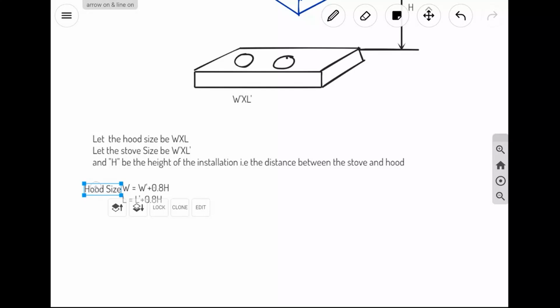This is hood size. Therefore, exhaust CFM.